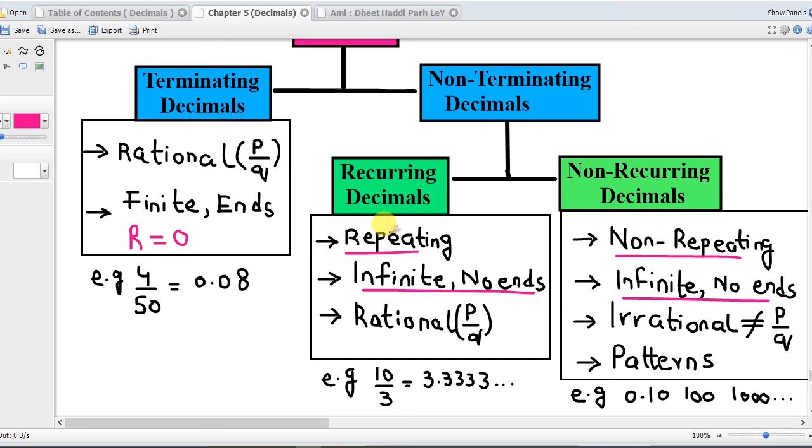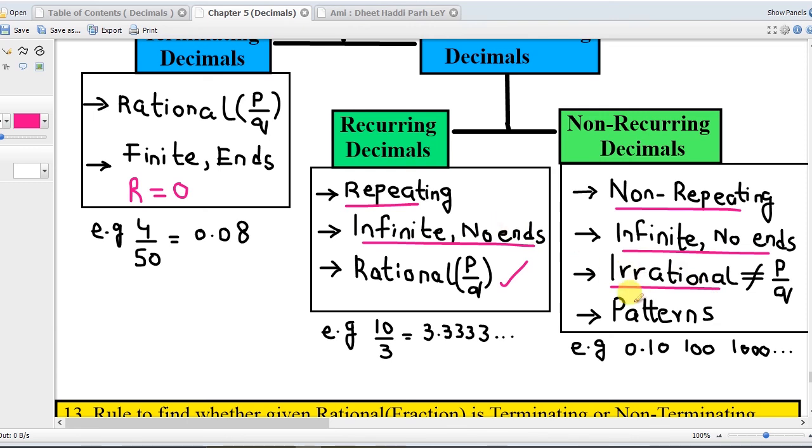Infinite, no end. In this case, recurring decimals are rational, which means we can write them in the form of a fraction. And non-recurring or non-repeating decimals are irrational, which means we cannot write them in the form of a fraction. Plus the most important thing in this case is they are making certain patterns, right?